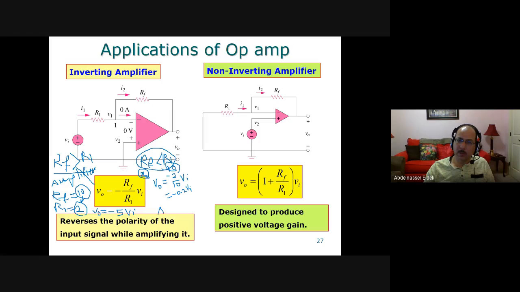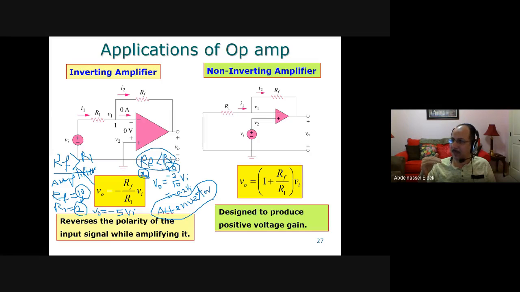So in this case, this is called an attenuator. Sorry, I am writing with the mouse again. So if RF is less than R1, then you are decreasing the input.